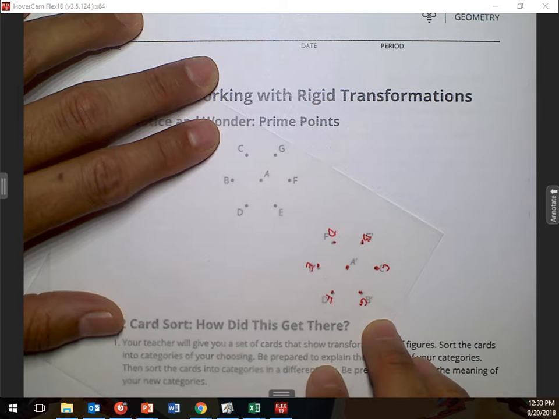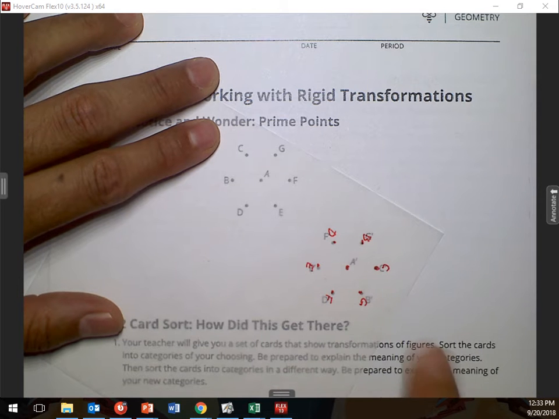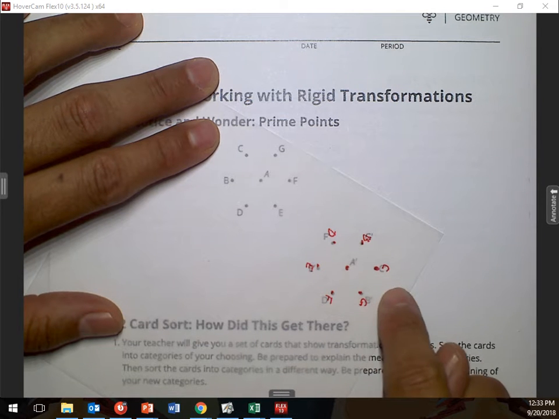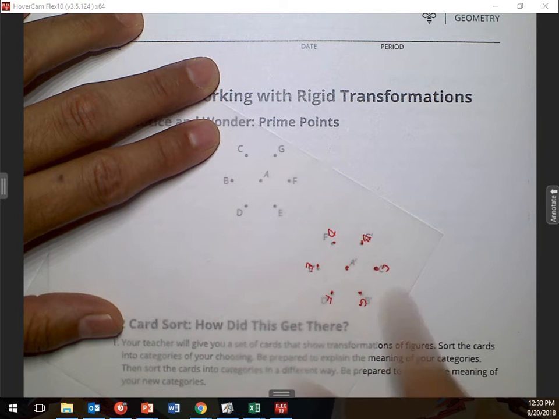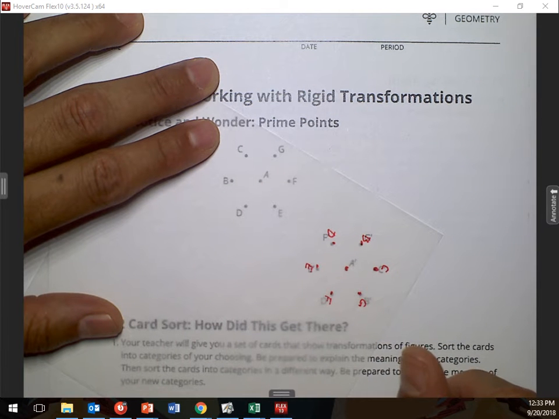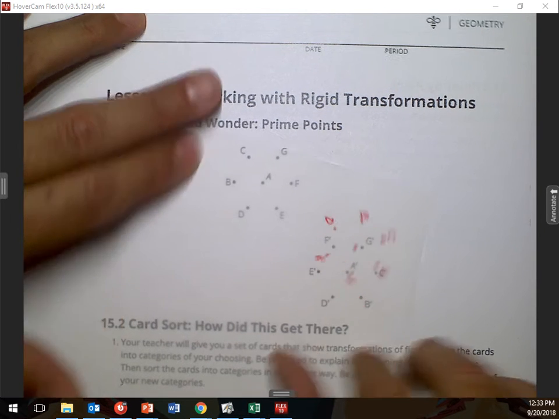No. Why? What's wrong? The letters don't match up. But C's on top of where C's supposed to be, so why are these other ones not? Okay, if I go the other way.